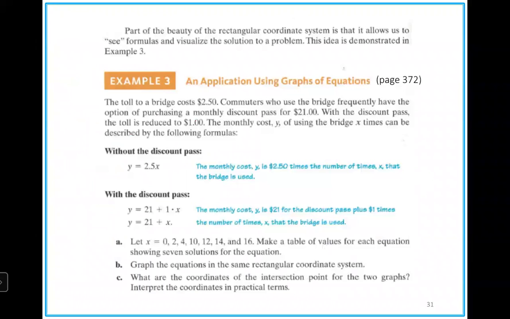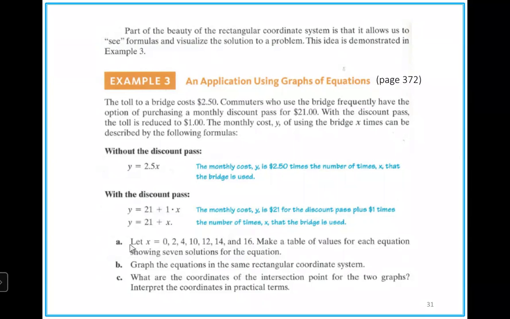So in this example they're looking at here, they're asking you to use the graphs to solve this. So they have a formula, y equals 2.5x, and this is if you have a discount pass, and then without the discount pass, they're looking at this other formula.